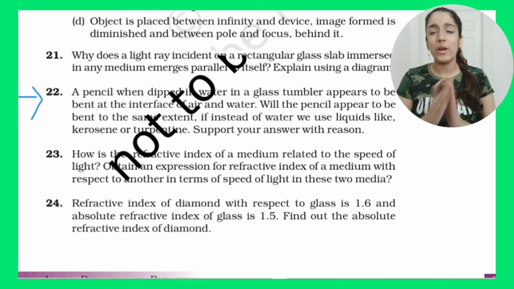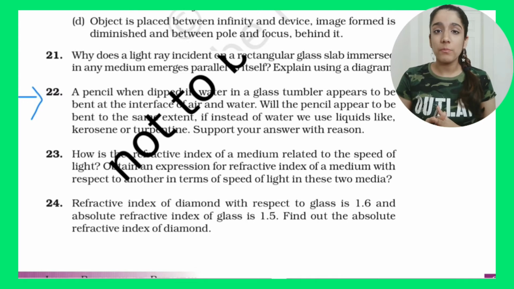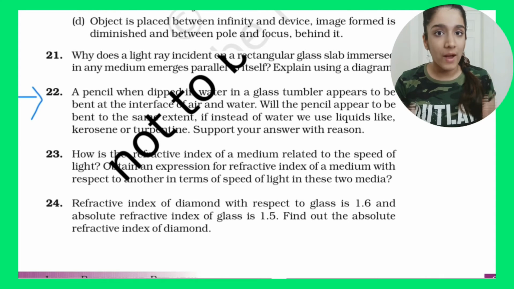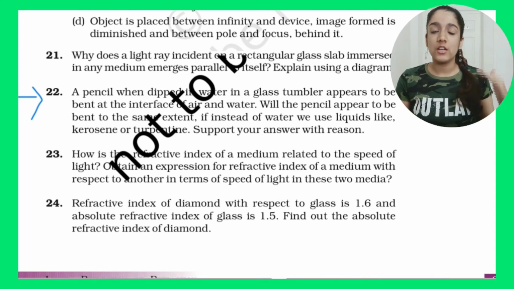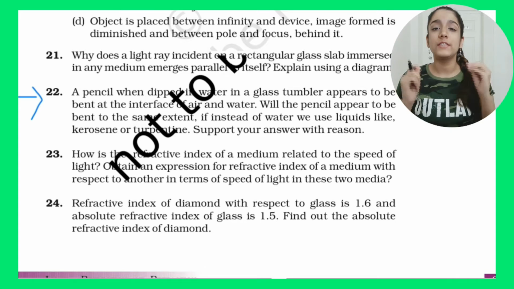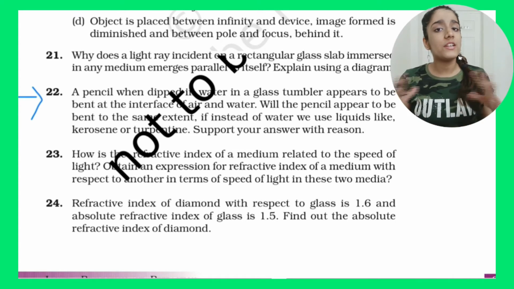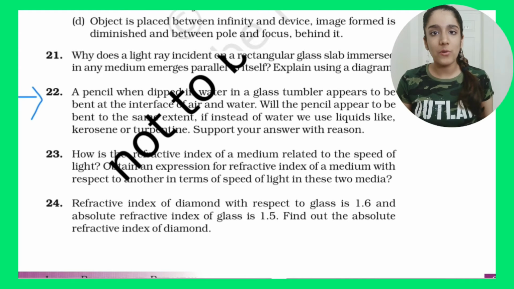So this is quite a simple one if you know the concepts. The light ray will not bend to the same extent. Why? Because all of these liquids, turpentine, kerosene, water, or for instance any other liquid, have different refractive indexes, right? And when the refractive index is different, the extent of bending will also be different, right?